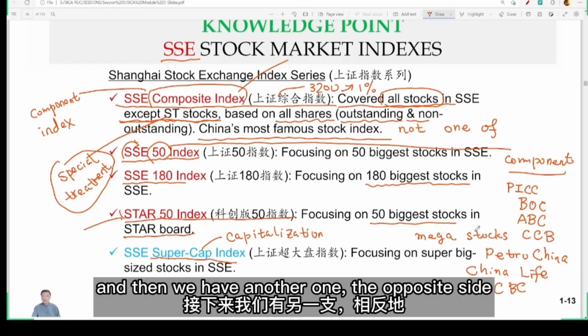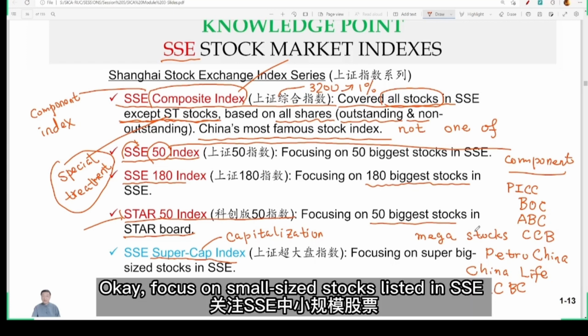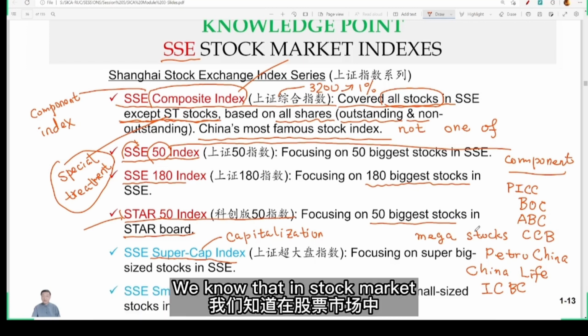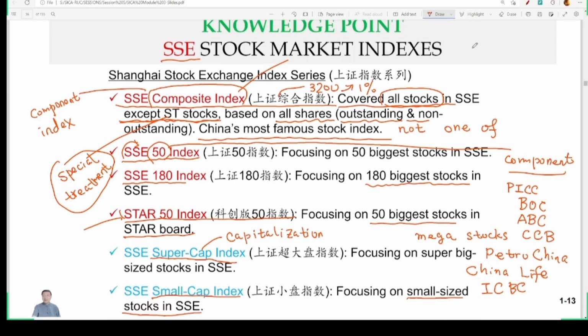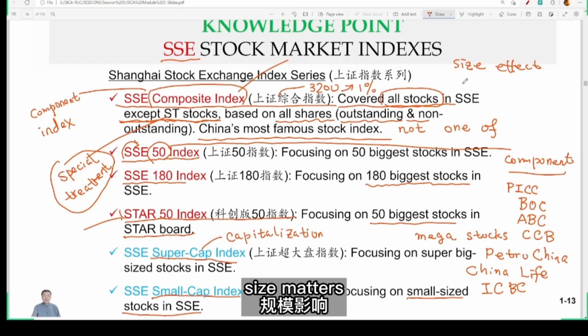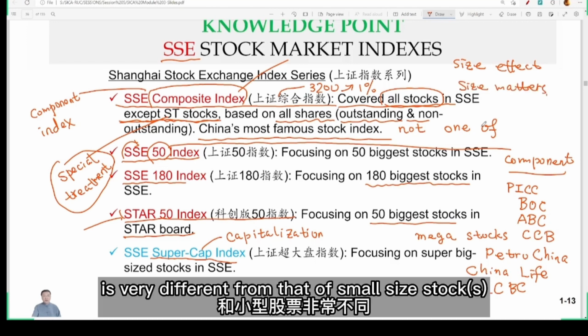And then we have another one, the opposite side, the small cap index. It focuses on small-sized stocks listed in SSE. We know that in the stock market, there is a famous effect called the size effect. Its theory is size matters. That means the market behavior of big-sized stocks is very different from that of small-sized stocks.